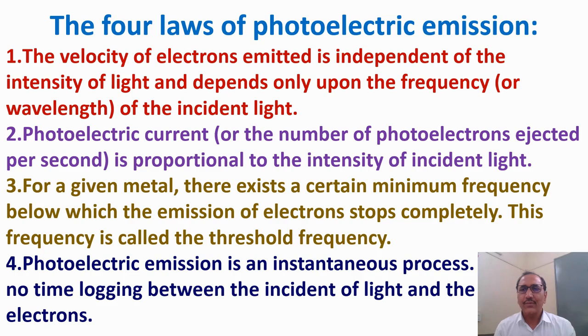See, when the electromagnetic light is incident on the metal surface, electrons do not directly emit. Initially it may happen that electrons do not emit. Then if we increase the frequency, we observe whether the electrons are ejected or not.